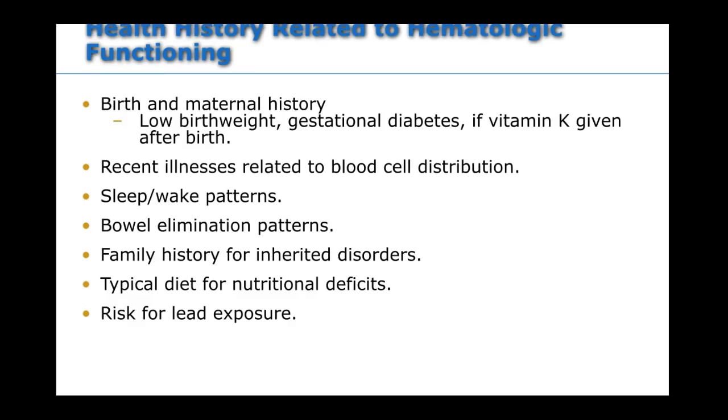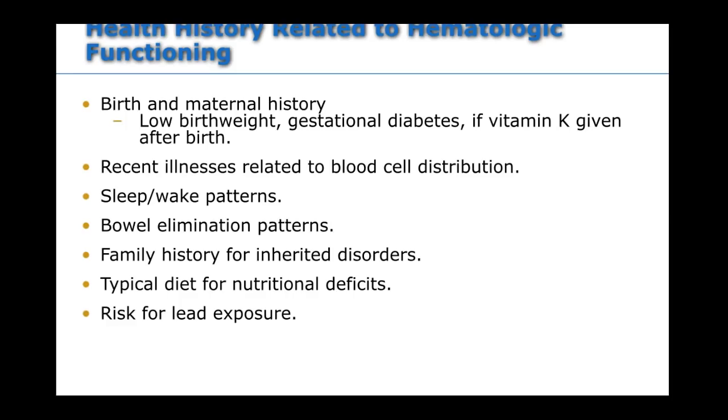All right, some health history. You want to get a good birth history, okay? You want to get a good diet history. You want to get a good social history, as in where do they live? Do they live in an older house? Because you have to start to think about things like lead poisoning if the symptoms are there.